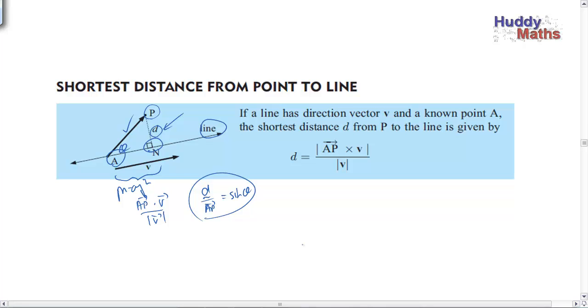Line 2, can we take a point B on line 2? Put in T as 0 again and start there, which would be 3, neg 1 and 4. And it's got a direction vector of neg 1, 2 and neg 1.